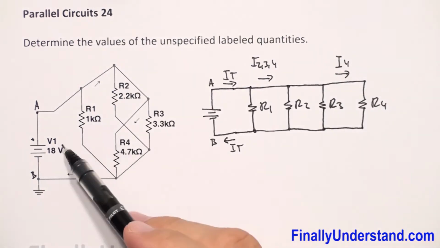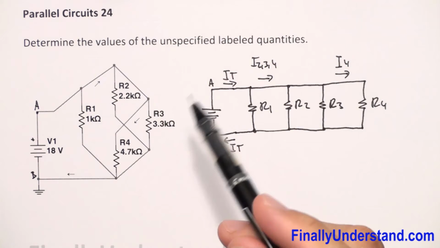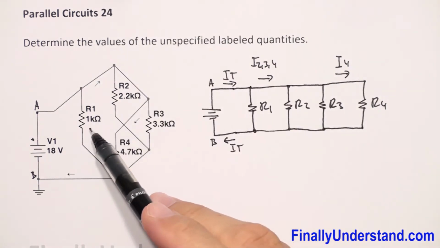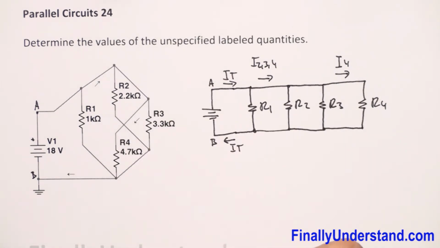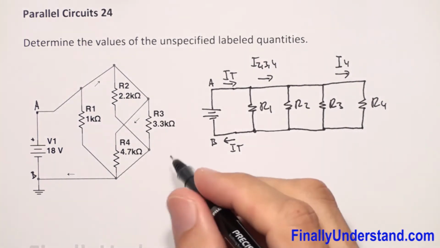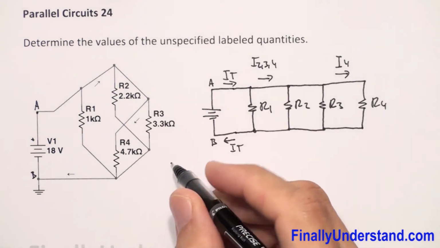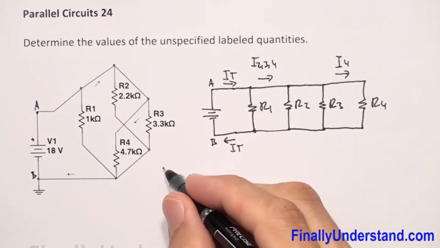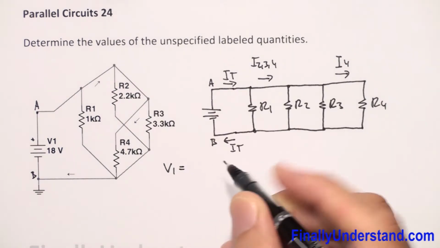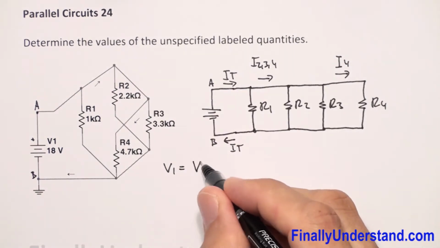Because we have the voltage source and all the resistances given, we can find the current through each resistor. We have to keep in mind that this is a parallel circuit, so V1, which is my voltage source, is equal to VR1.